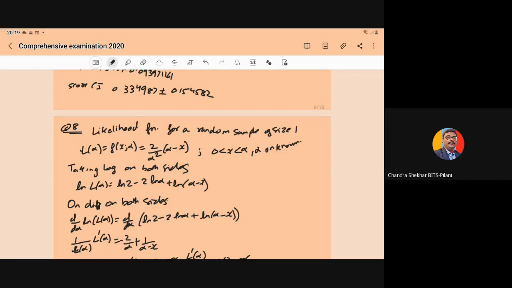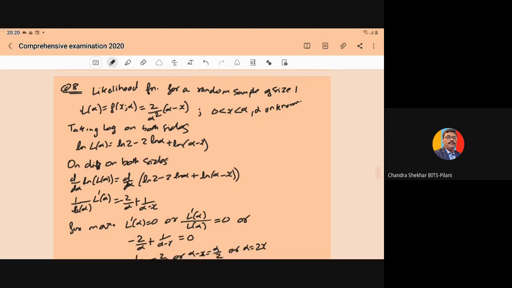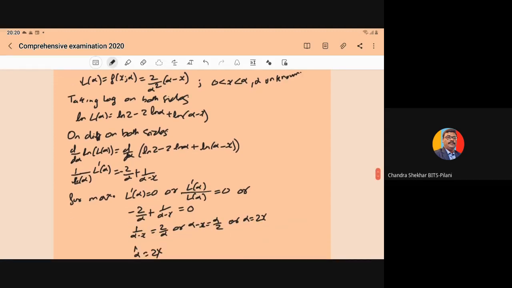On differentiating on both sides with respect to alpha, it will be d by d alpha of ln of L alpha, d by d alpha of ln 2 minus 2 ln of alpha plus ln of alpha minus x. On the left hand side, it will be 1 upon L into L dash, equal to minus 2 upon alpha plus 1 upon alpha minus x.